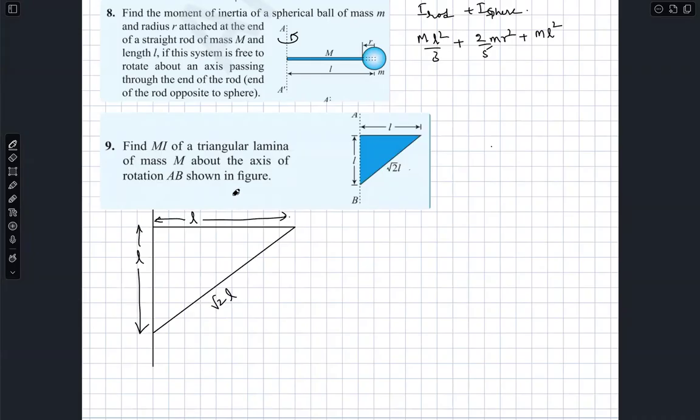Root 2 L. Now my point is very clear. This is 45 degrees, for example. Here in this case, undoubtedly it is 45 degrees.